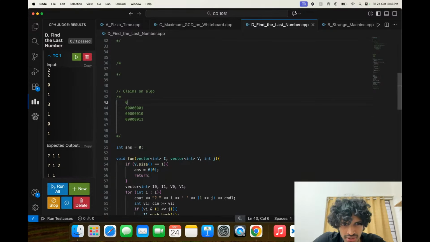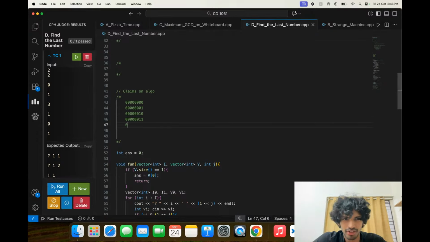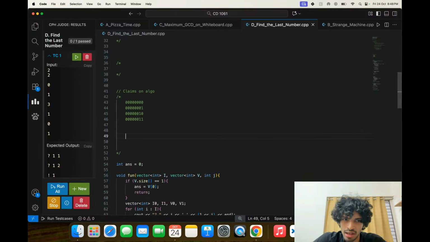Only 00 is missing, okay? If it is starting from 1, if the first value is 1, then we are good. Then we start from 0, but that is not 1, that was 0. Then we will start from here.